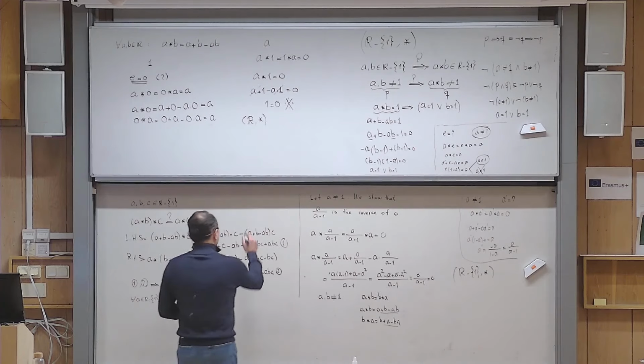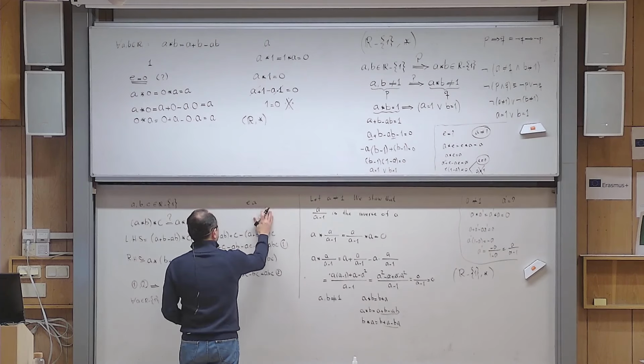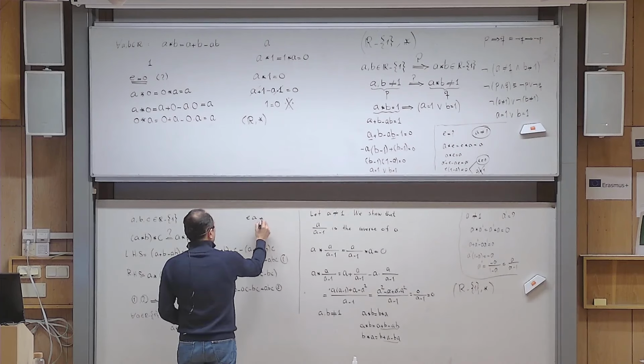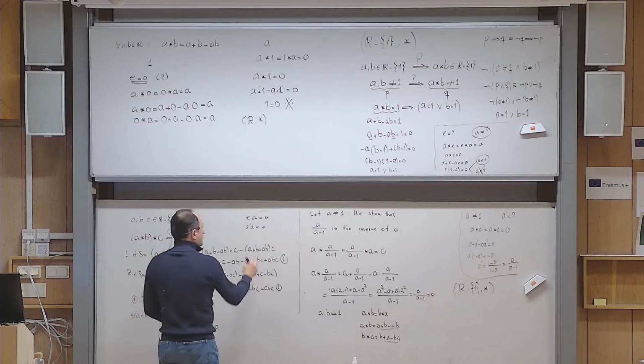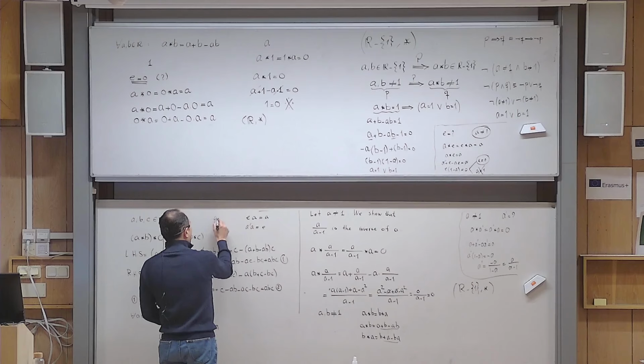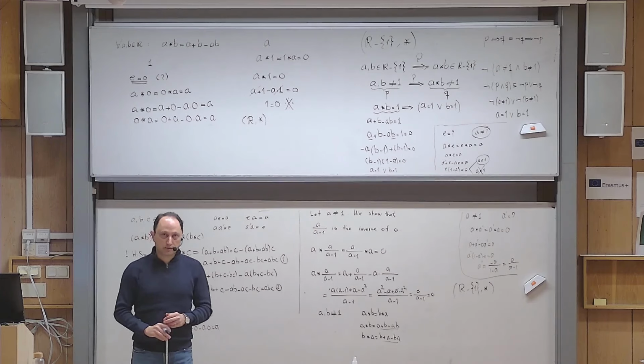For example, if I can prove that I have a left identity, yes, and if I can prove that I have a left inverse in every group, and of course associativity should be checked first, closeness should be checked first, then it means that I will have a group. So that AE is equal to A, and that AA prime is equal to E can be derived from the combination of all these axioms.